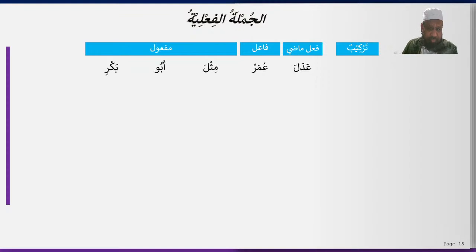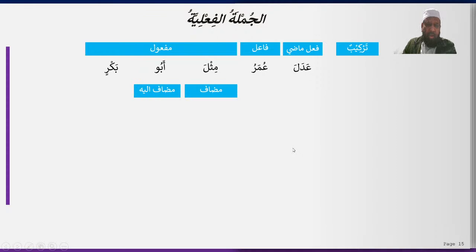So which one? Okay, look, it is describing the fa'il. مثل, okay, عادل of Abu Bakr. So مفعول مطلق.